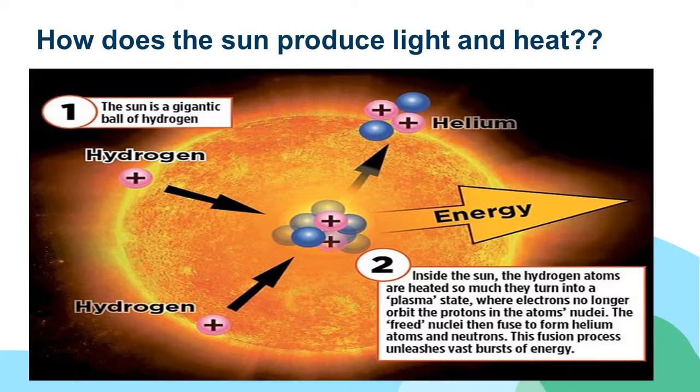How does the sun produce light and heat? The energy of the sun comes when hydrogen and helium gases in the sun react at very high temperature.